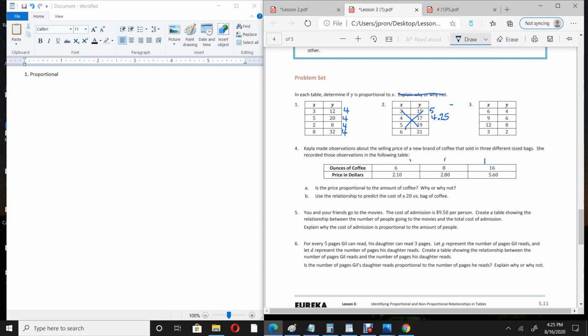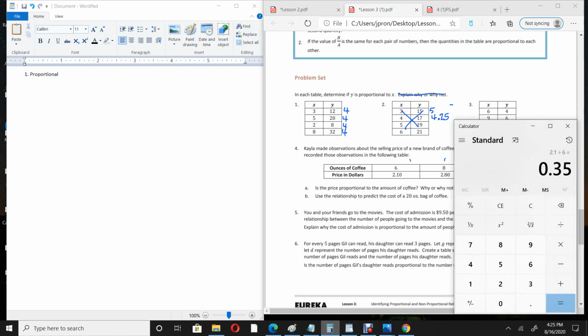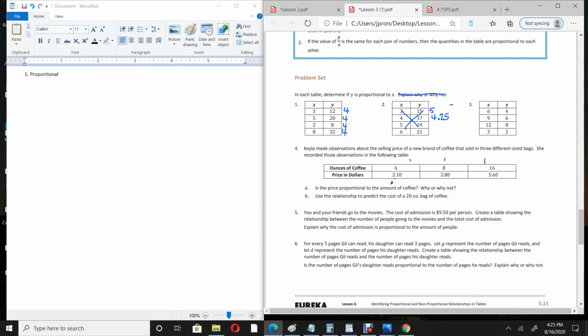I don't know. I don't understand you, Eureka. Why wouldn't you put dollars on top if you wanted to make that whatever? Okay, so that's 35 cents per ounce right here. We'll do that with the next one.